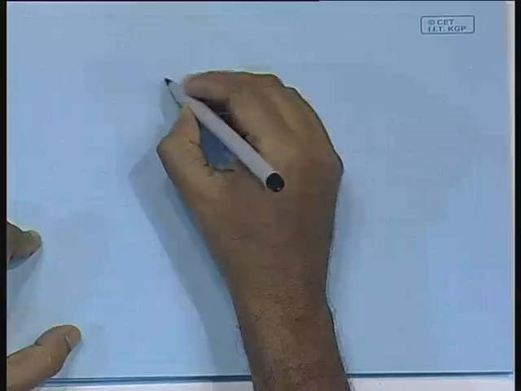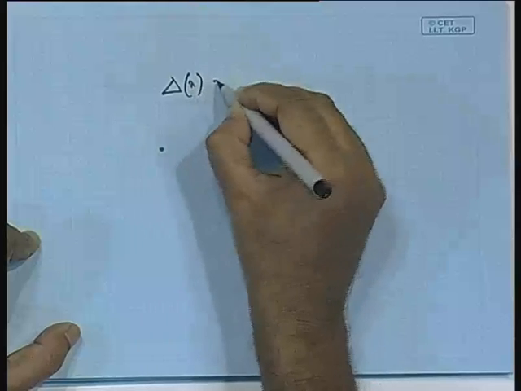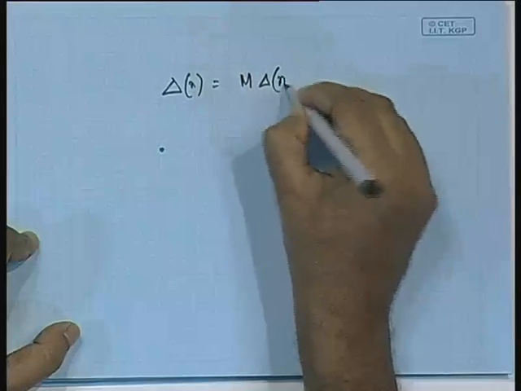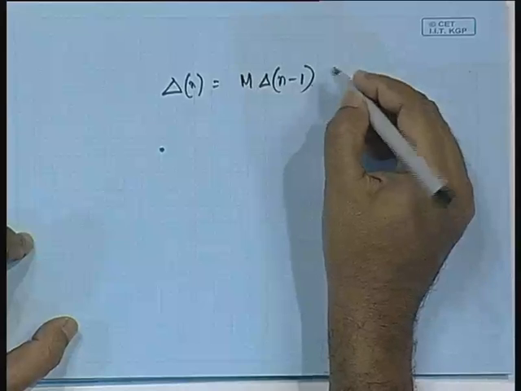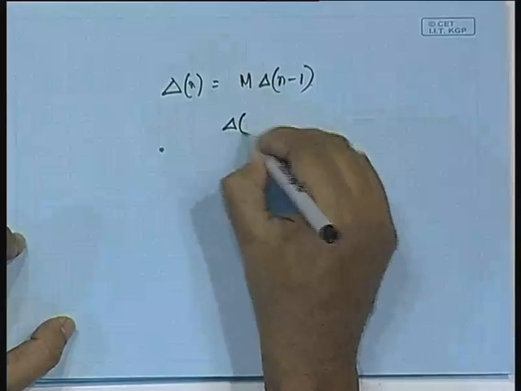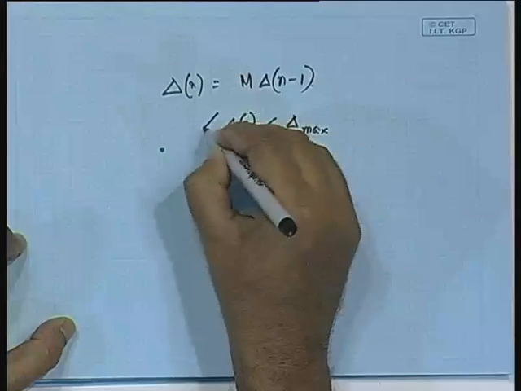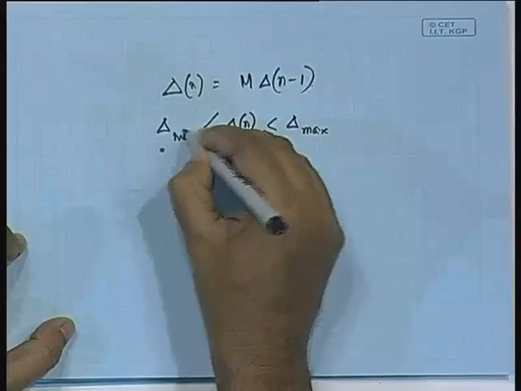Now, we can state our algorithm like this: delta n is equal to m times delta n minus 1, and delta n should lie between delta max and delta min.